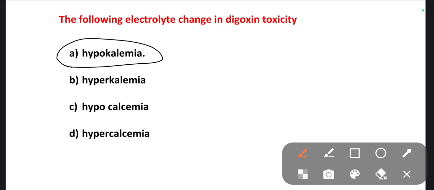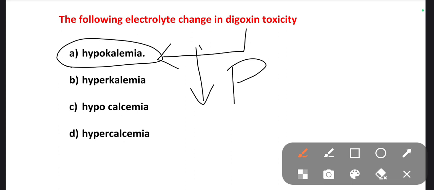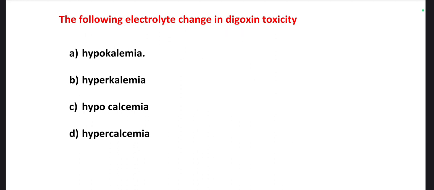Hypokalemia is nothing but decreased potassium levels in the blood. Why? Because the digoxin is combined with the potassium. So the patient will have hypokalemia. The overdose of digoxin can cause hypokalemia.